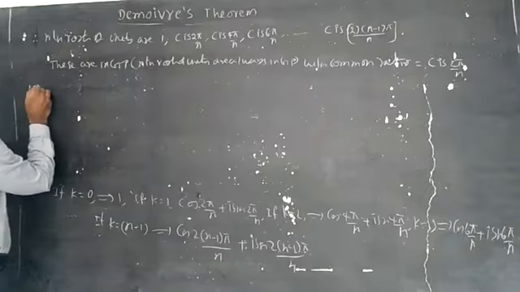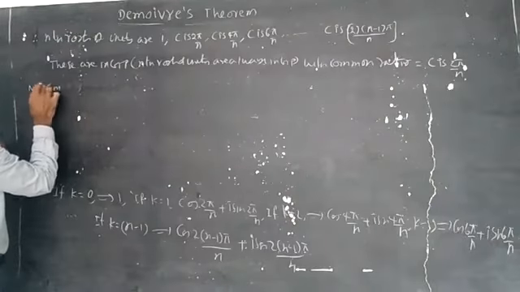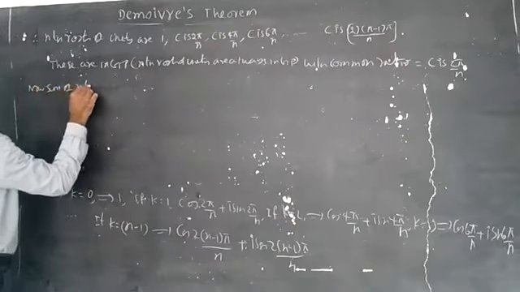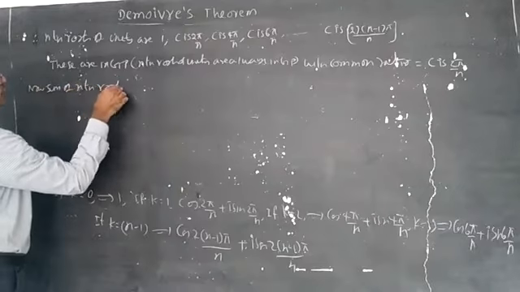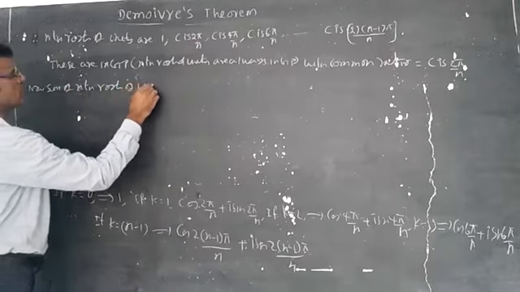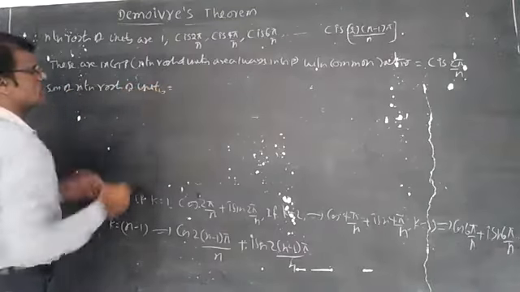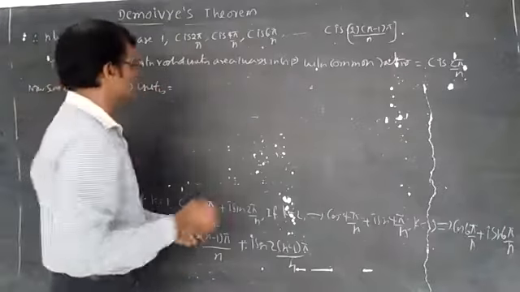Now the sum of nth roots of unity. You can add all of them.